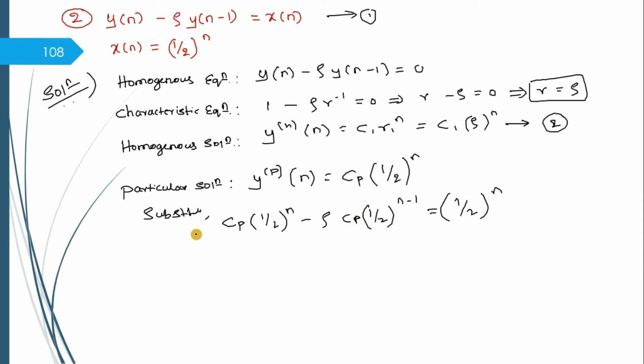Multiplying by 1 by 2 raised to minus n, we get Cp minus rho into Cp into 1 by 2 raised to minus 1, equal to 1.